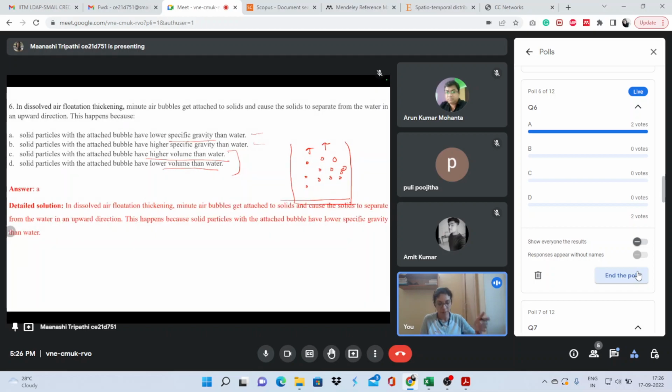Answer is A. Anything that floats or rises will have lower specific gravity than the solvent itself. So this is the rule. That is why it rises, because gas has lower specific gravity than the water fraction. These solid particles will be attached to the gas and that's why they will rise. So this is how they will be separated from the water.